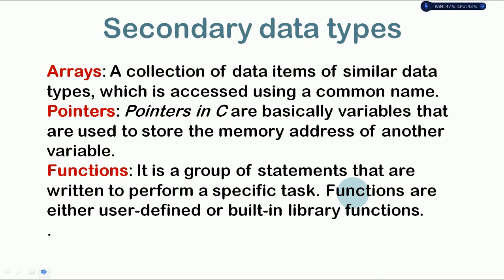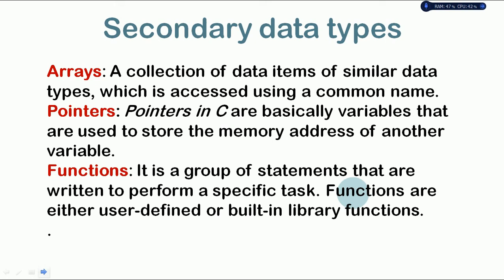Whenever we want to group statements under a single block that can be used for a specific task, for example finding the length of some object, which it can do only, and nothing more than that, in such situations we use the functions concept. Functions may be of two types, user defined and built-in. Built-in is nothing but your library functions, like stdio.h, which consists of functions related to input and output.